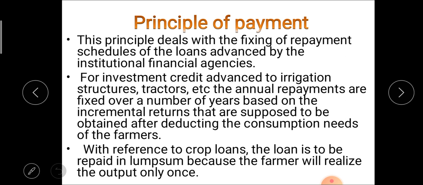After that, the next principle, the principle of payment. This payment principle is related to repayment of the loan amount. Under this principle, the repayment schedule is fixed for loans advanced by institutional or financing agencies for investment credit, such as advances for irrigation structures, tractors, etc. The annual repayment plans are fixed over a number of years based on the incremental returns that are supposed to be obtained after deducting the consumption needs of the farmer.